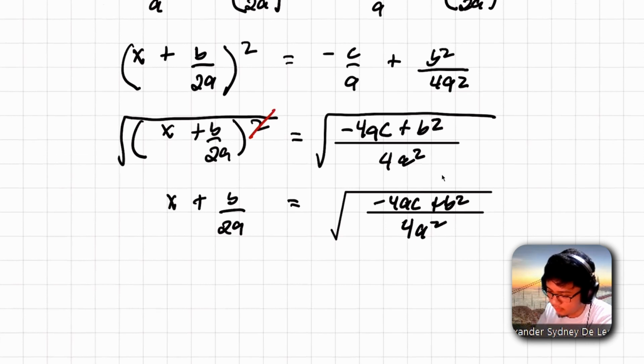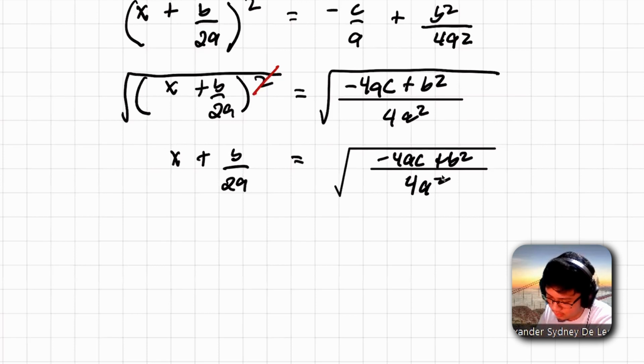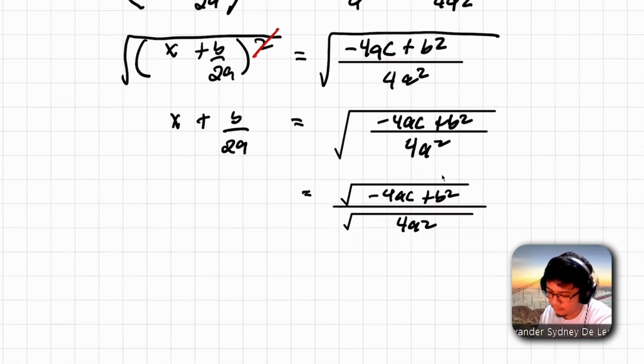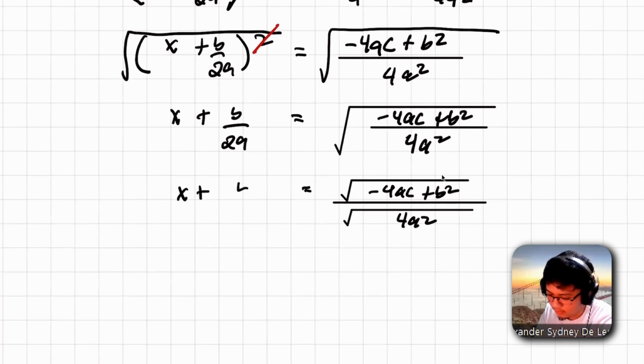Anong pwede natin gawin dito? I-isolate natin itong 4a squared. Pwede nating ilabas yan, di ba? Kasi kapag may square root ka, pwede mo yan paghiwalayin actually. Pwede mong gawing square root ng numerator, negative 4ac plus b squared over the square root ng denominator, which is 4a squared, which is still equal sa x plus b over 2a.